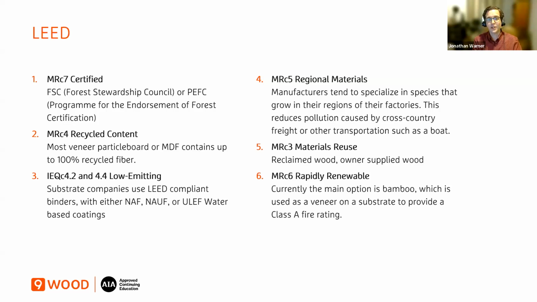When it comes to veneer, as I mentioned, they have a fire-rated MDF or particleboard core, and those cores could gain the ability to get that credit too. Those are the most commonly available, but just let the manufacturer know what you need in terms of LEED, and they should be able to provide that information and help steer you in the right direction. Almost all species should be either FSC or PEFC, which qualify for those credits.